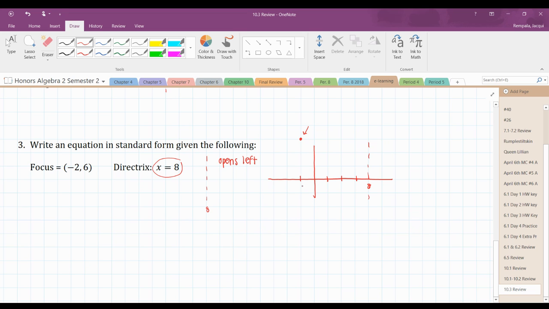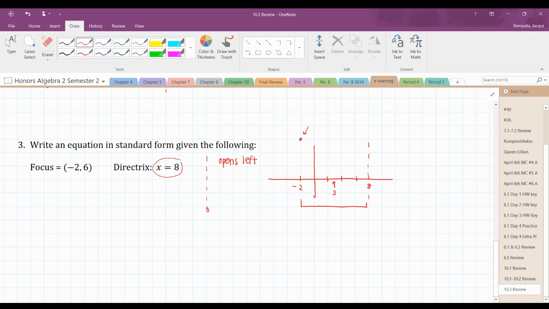Okay, but think about this. If negative 2 is right here and 8 is over there, remember, my vertex is going to be halfway in between. So what's halfway between negative 2 and 8? Well, technically, that's a length of 10 right there. Halfway would be 5. So if I go 5 to the left of 8, so 2, 4, 5, right here at 3, that's the halfway point.